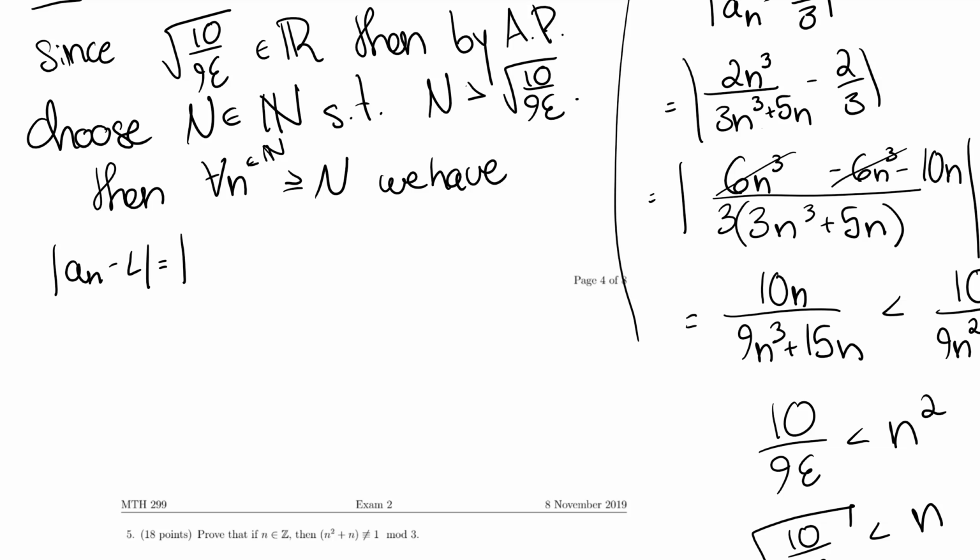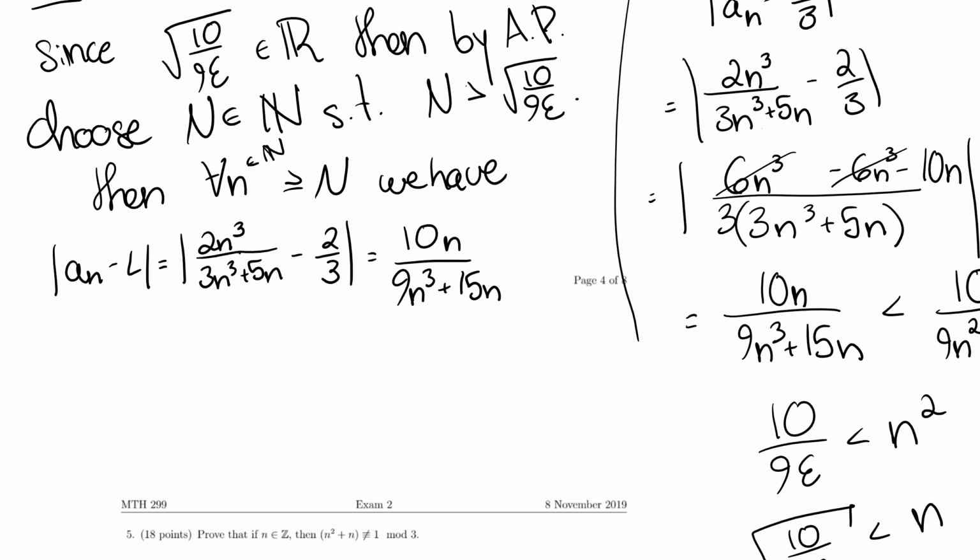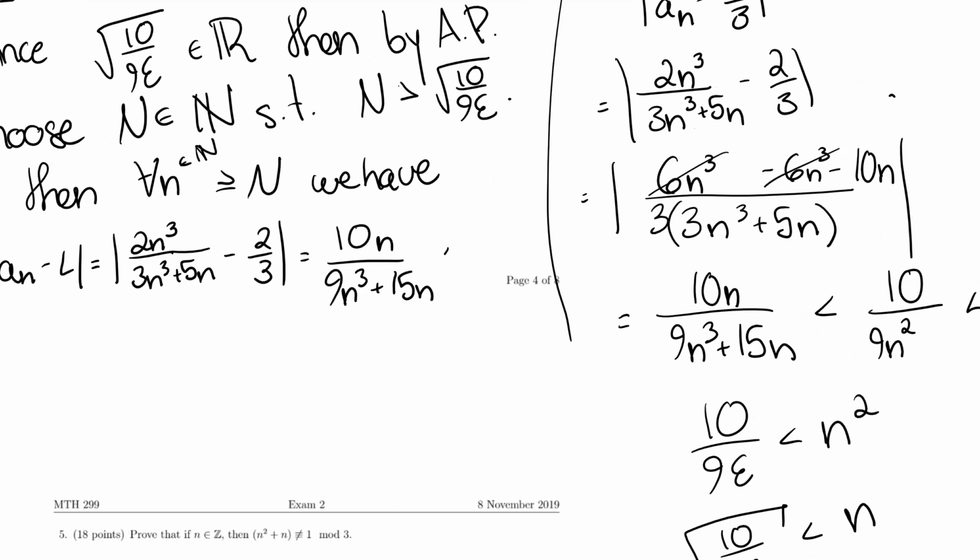What does that equal? Well, that's 2n cubed over 3n cubed plus 5n, which is equal to 10n over 9n cubed plus 15n, okay, which is less than 10 over 9n squared.